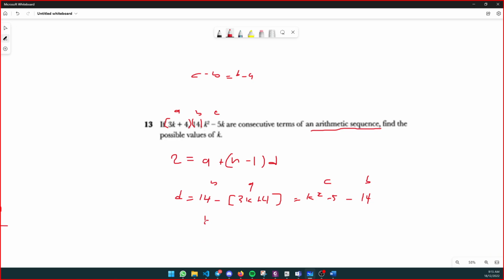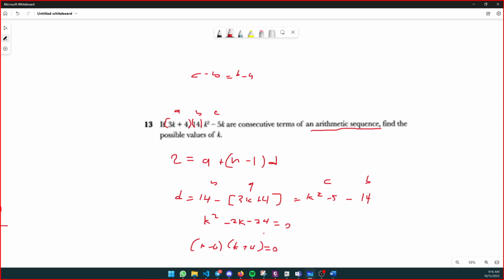So I'll end up with k squared minus 2k minus 24 equals 0. From here you can already notice the pattern. This is just a quadratic equation. So (k minus 6)(k plus 4) equals 0.